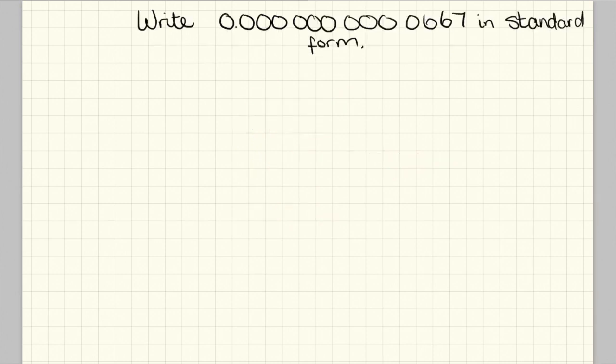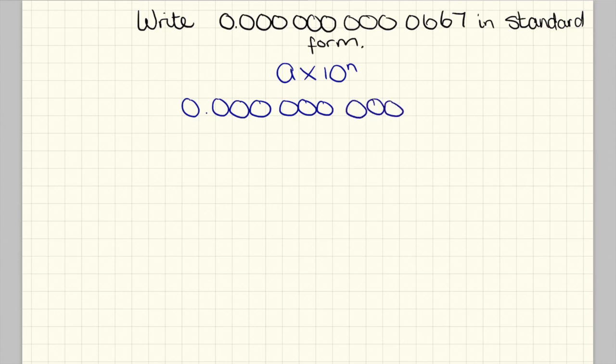Here we have another small number. So we write the same form, a times 10 to the power of n. We need our a to be between 1 and 10. We do the exact same thing where we need to move the number, so we've got 1 digit in the units column. So we slide our number across and we'll get 6 in our units column, and then the other 2 numbers will follow after the decimal point.